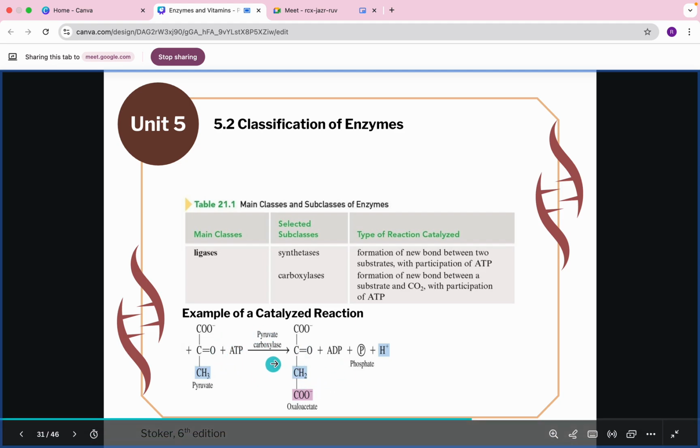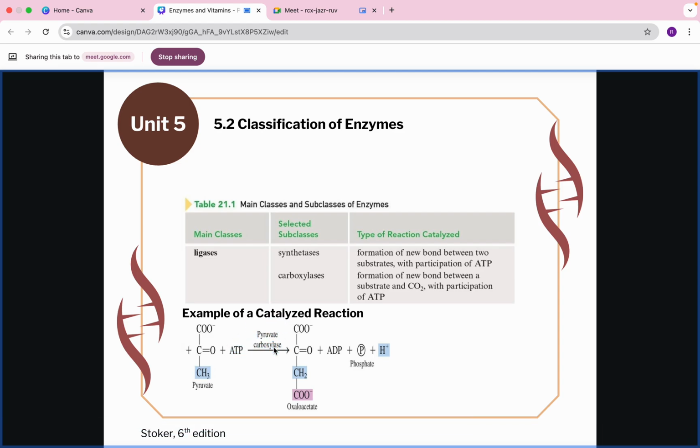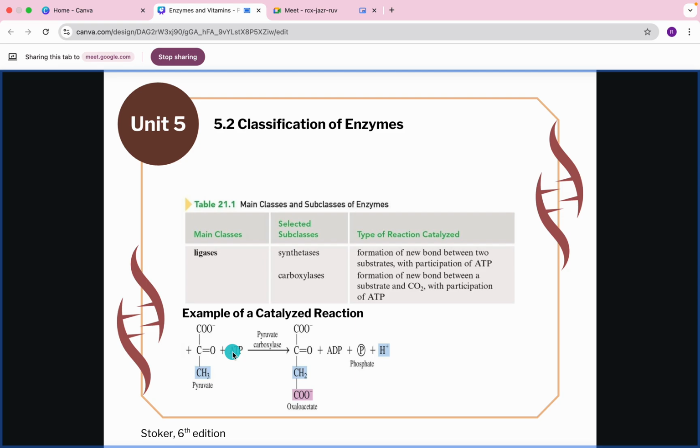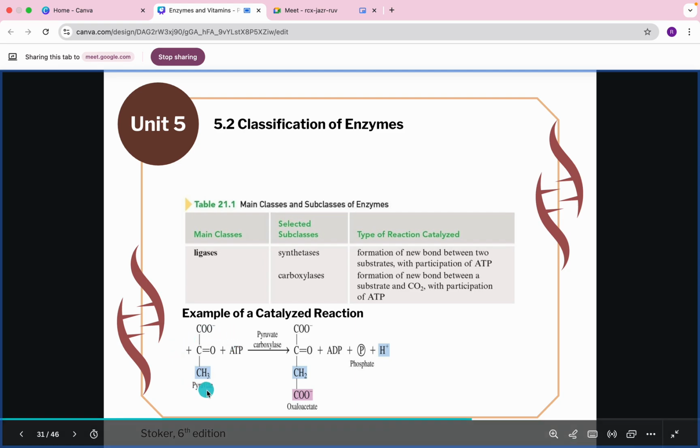So let's see, for example, pyruvate carboxylase. We have our substrate pyruvate, so we have pyruvate in the name of the enzyme. And since we have the participation of ATP, we are including it in our reaction. We need ATP in order for the reaction to occur, to convert pyruvate into oxaloacetate.